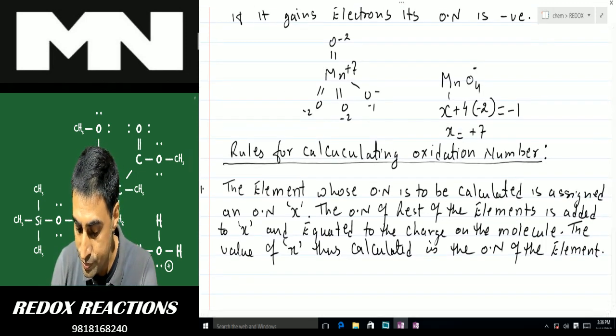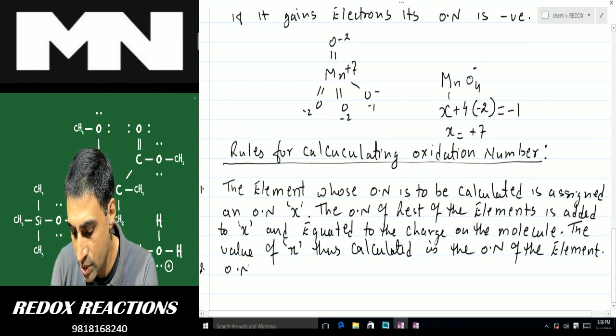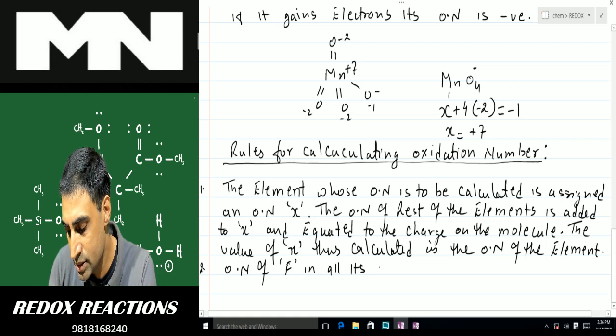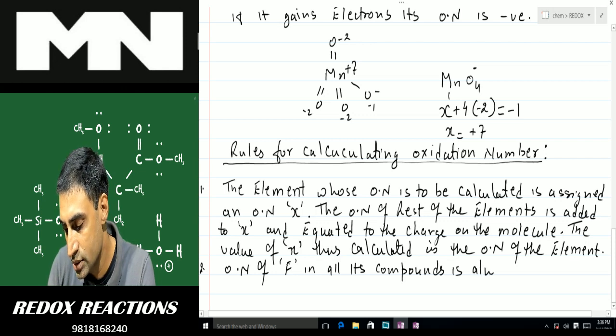Second rule: the oxidation number of fluorine in all its compounds is always -1.